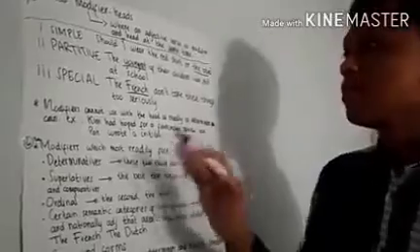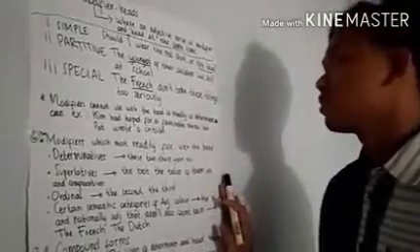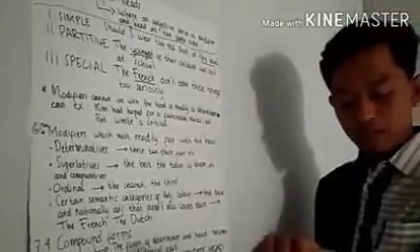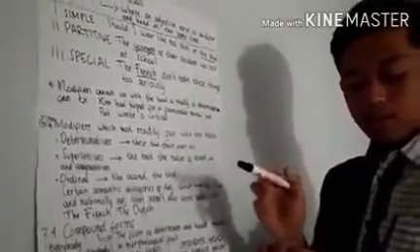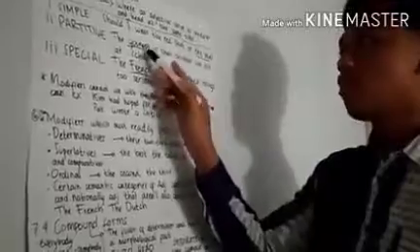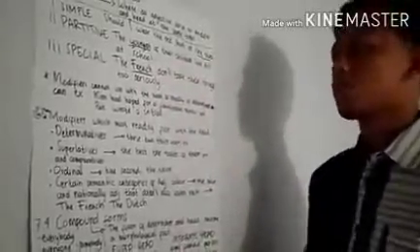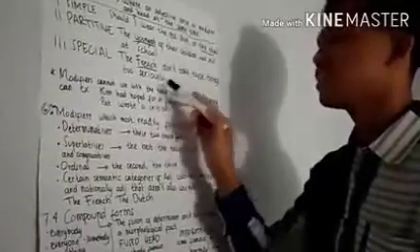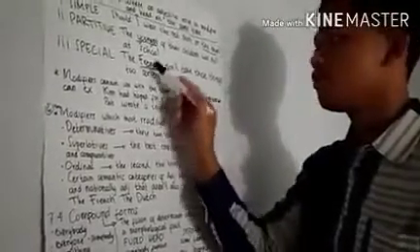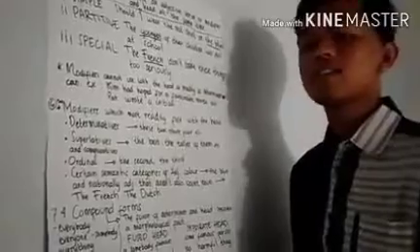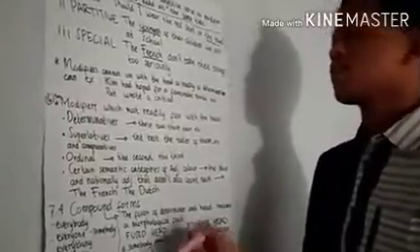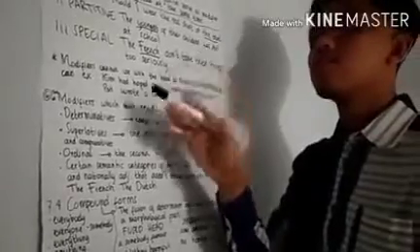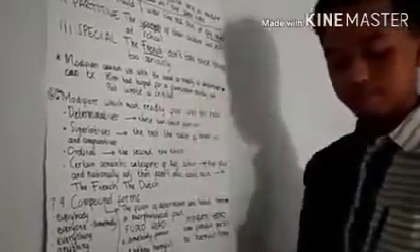And then for the partitive, "The youngest of their children was still at school," the youngest member of the set consisting of their children. For the special, "The friends don't take these things too seriously." The friends here has a special interpretation. It means people in general.